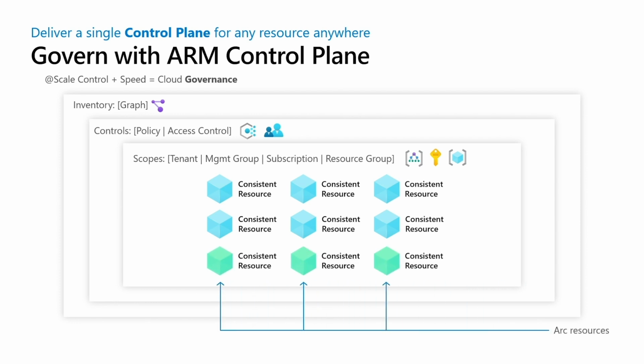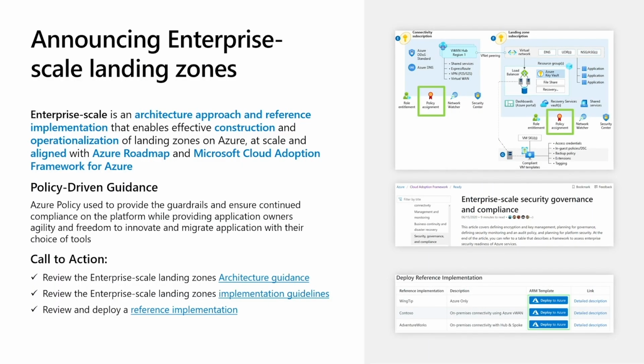Now let's look at some of the new capabilities and improvements we have recently released. One of the highest ranked asks from a lot of you is best practices on how to set up your cloud environment. To address this ask, I'm very excited to announce the availability of the enterprise-scale landing zones. Landing zones are a reference architecture and implementation, mostly in the form of ARM templates, conceived and composed by our customer success and engineering teams.